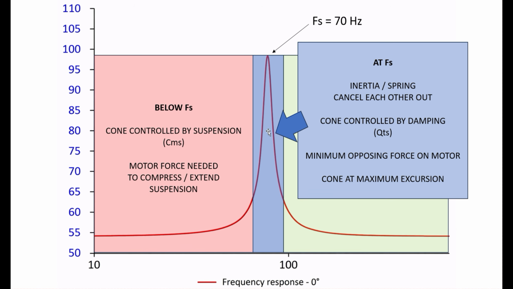And at this point, how the cone is behaving is now being controlled by the amount of damping that the speaker has, or its QTS value, right? So let's have a look at how that works.